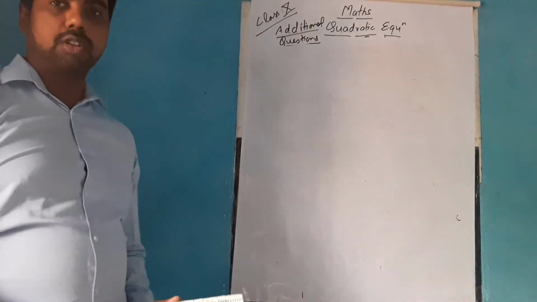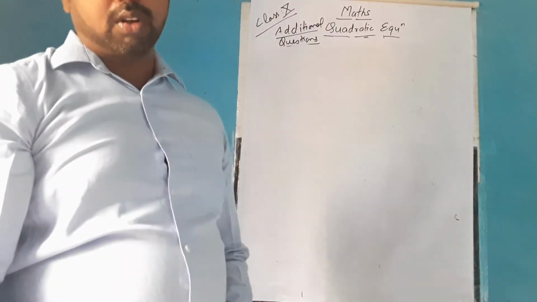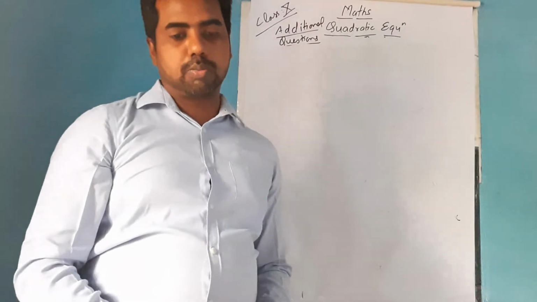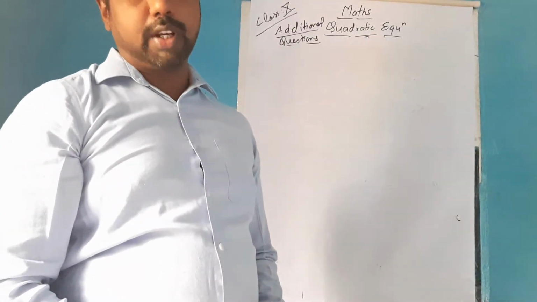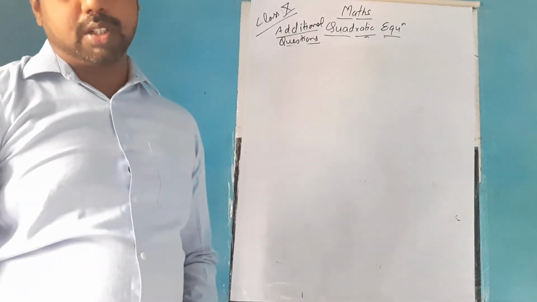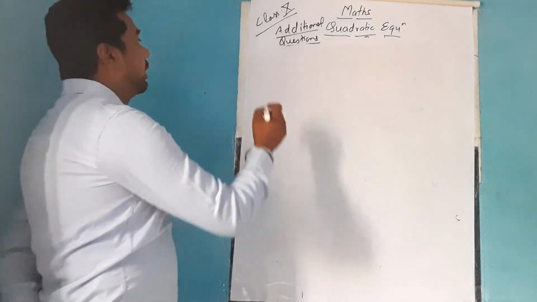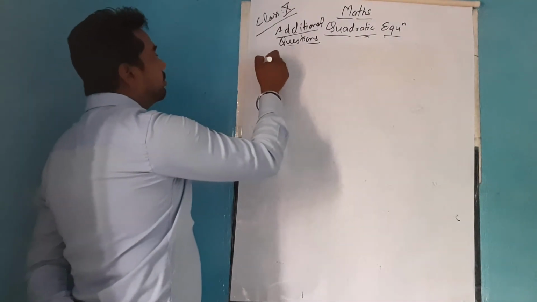Now moving on to question number 4, which says that a piece of cloth costs rupees 200. If the piece was 5 meter longer, each meter of cloth would cost rupees 2 less.